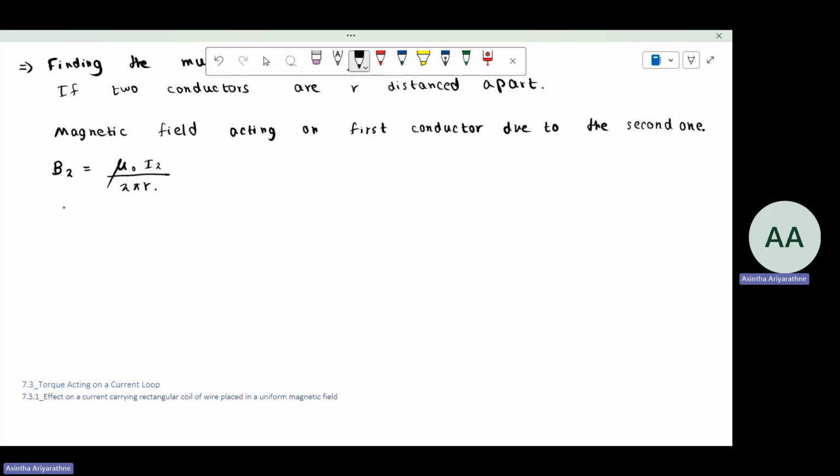Let's say the length L is considered on the first conductor. We want the magnetic force acting on the first conductor.